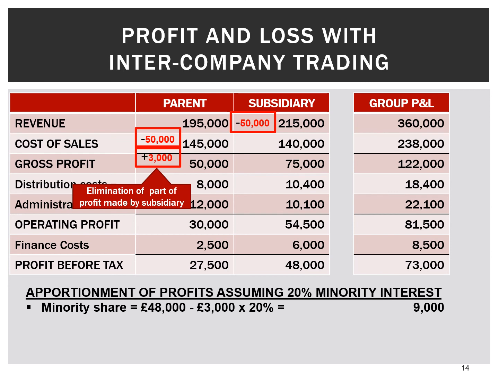So the minority share will be not 20% of the 73,000. Do not make that mistake. They are not entitled to any share of the parent company's profit. The minority shareholders are only entitled to a share of the subsidiary company's profits that we've included in the group's profit and loss account that they have a shareholding in.